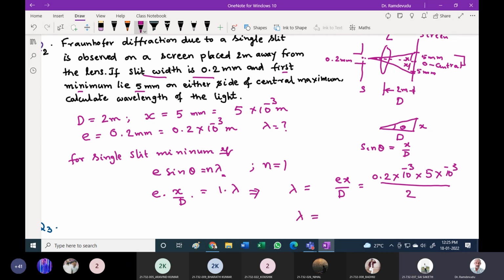So what is the value of lambda? How much are you getting? 5 into 10 to the power of minus 7, which is nothing but 5000. I'm writing in Angstrom units.